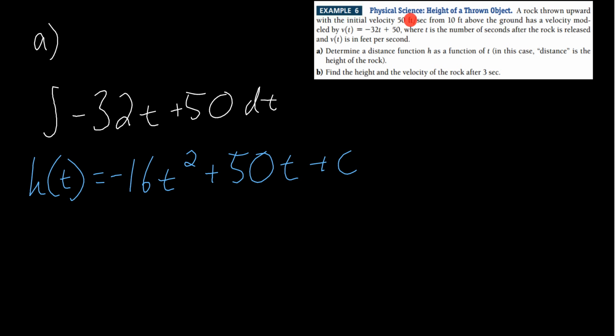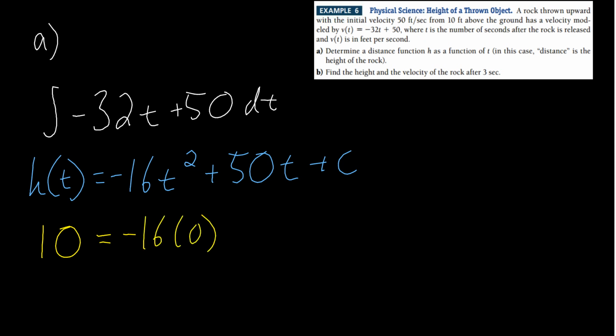So that's why we're not messing with velocity to figure out what c is. We have the initial time, which is 0, and my height was 10 feet. So I'm going to put a 10 for my height, and then a 0 everywhere for t.